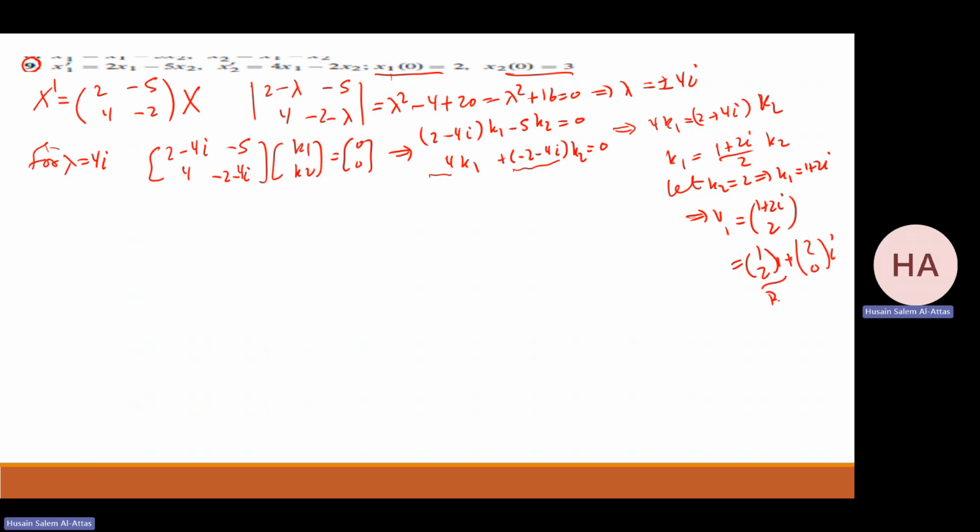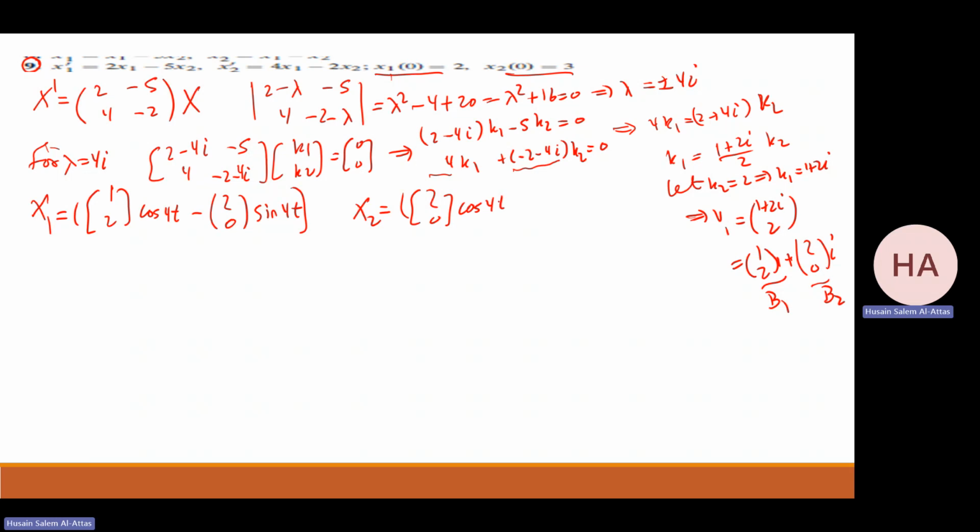So this is x1: 1, 2 cosine 4t minus 2, 0 sine 4t. Okay, x2: now I reverse it, 2, 0 cosine 4t plus 1, 2 sine 4t.